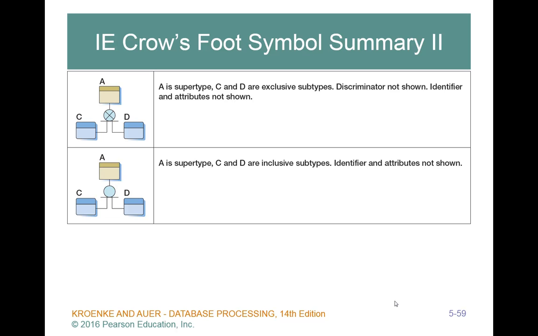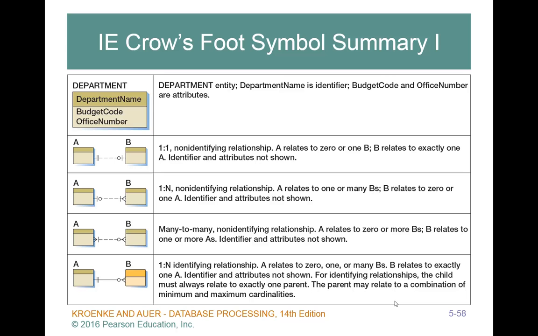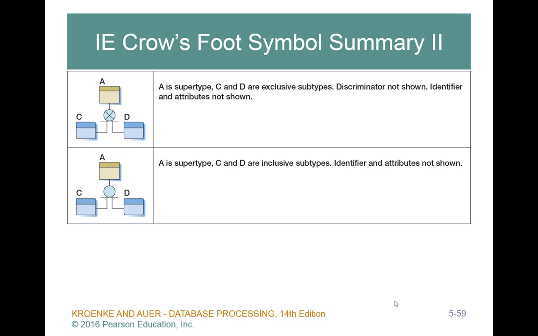It can help you break down what you're seeing, and figure out how one entity relates to another based off of the solid line, dotted line, and crow's feet notation associated with each entity. Okay, this is the end of part 2.